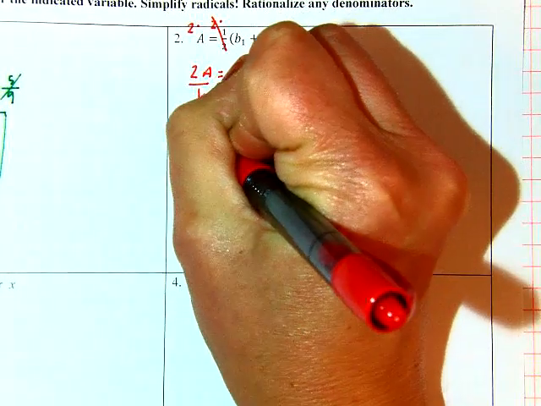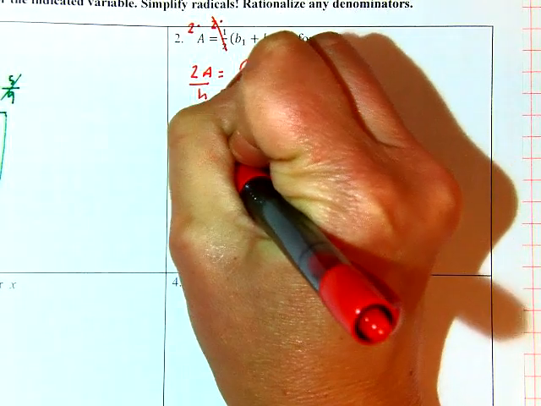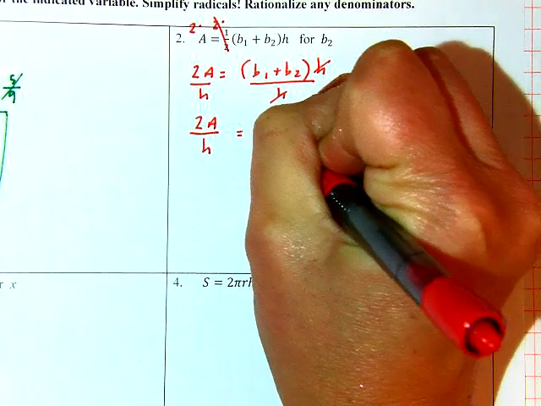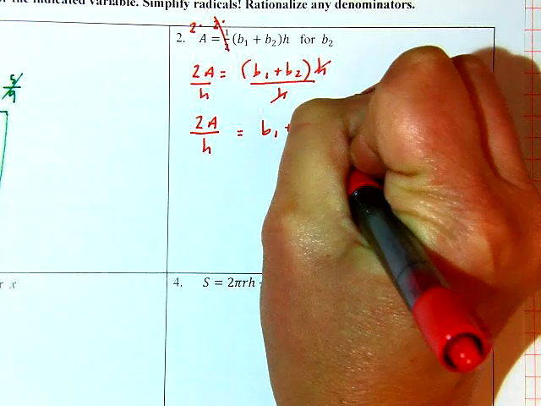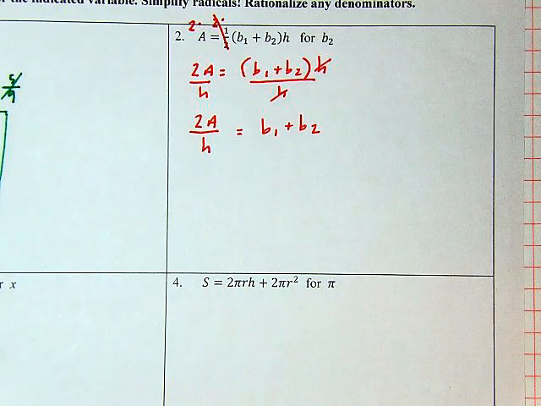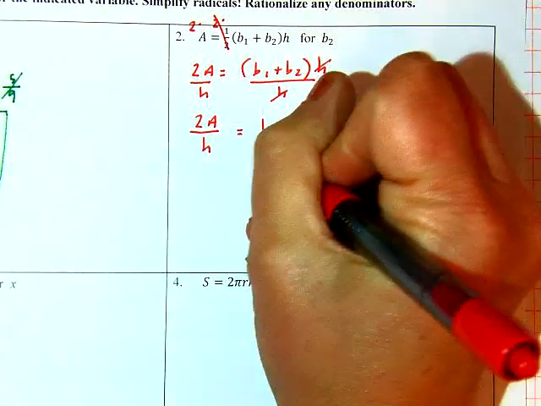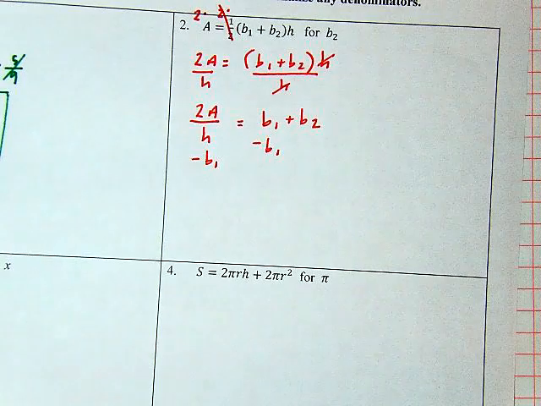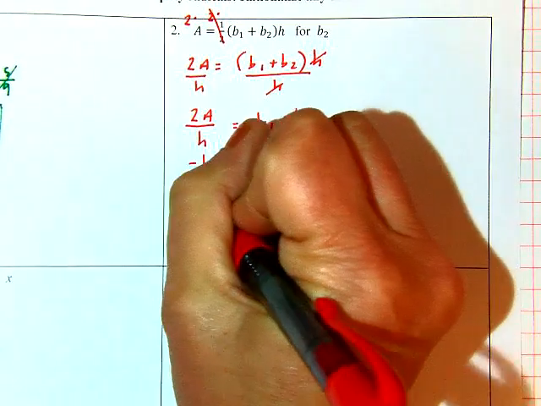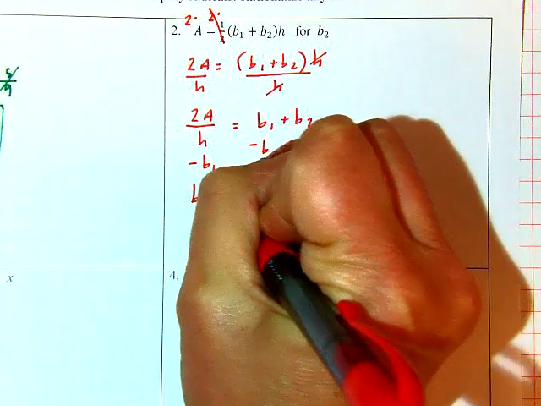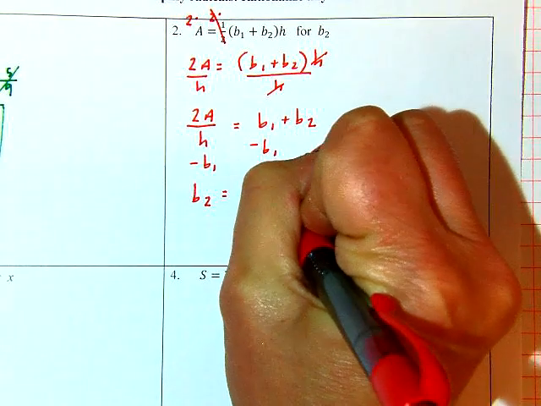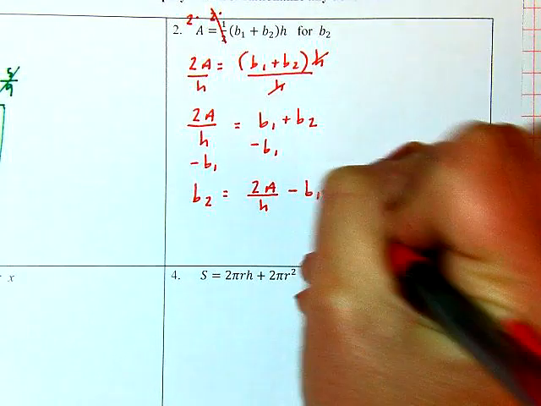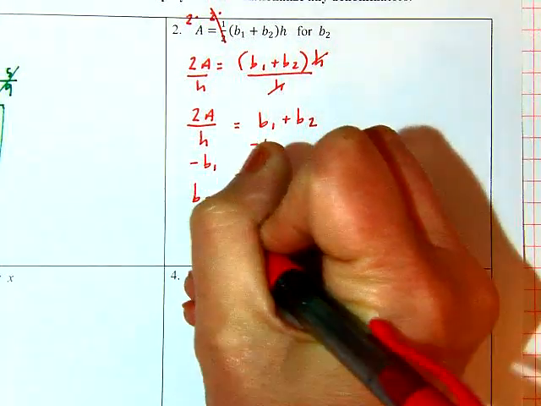So now I have 2 times the area, divided by the height, equals base 1 plus base 2. Again, I want that base 2 by itself, so I'm going to subtract away the base 1 from each side, and I've done my job. I've gotten my base 2 all by itself, so base 2 equals 2 times the area over the height, minus base 1 of a trapezoid.